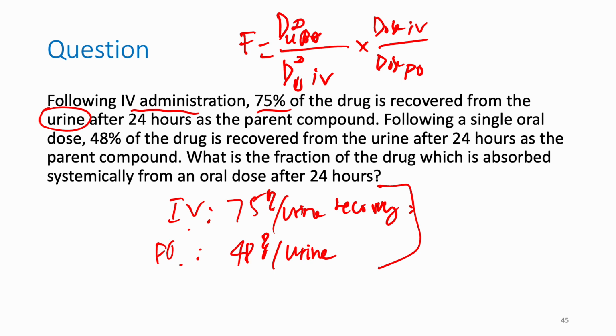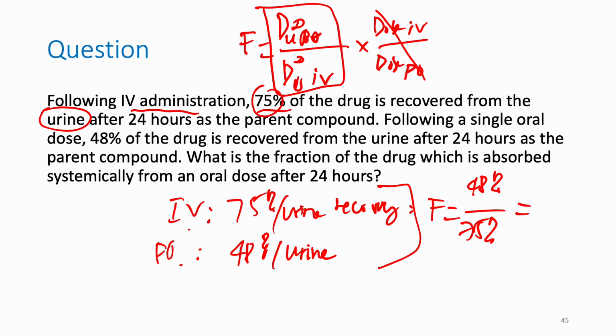If they have the same dose, in this case, you can cross out the dose, and then you will focus on the cumulative urinary drug excretion. Here, you don't have the exact value of cumulative urinary drug excretion, like how many milligrams. However, you have percentage recovered. You can use the similar equation to calculate, and instead of using the amount, you can use the percentage. Here, for the oral, du of the oral is 48% of the parent compound, and du IV is 75%.